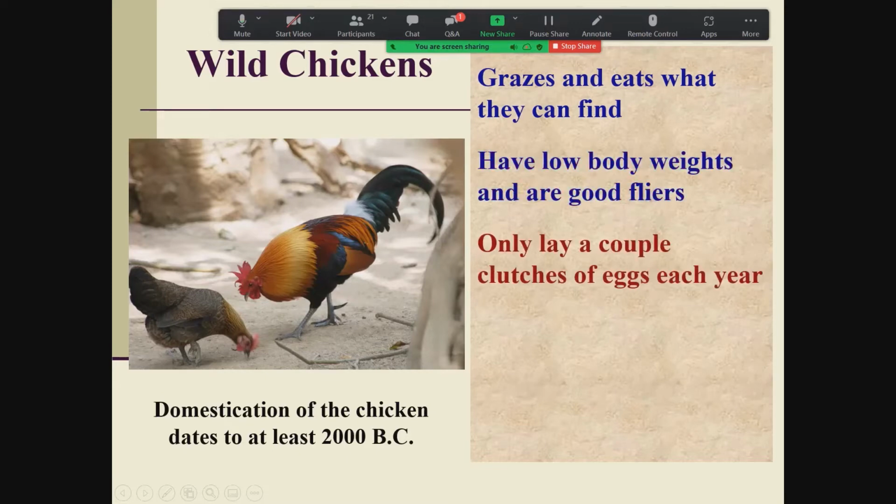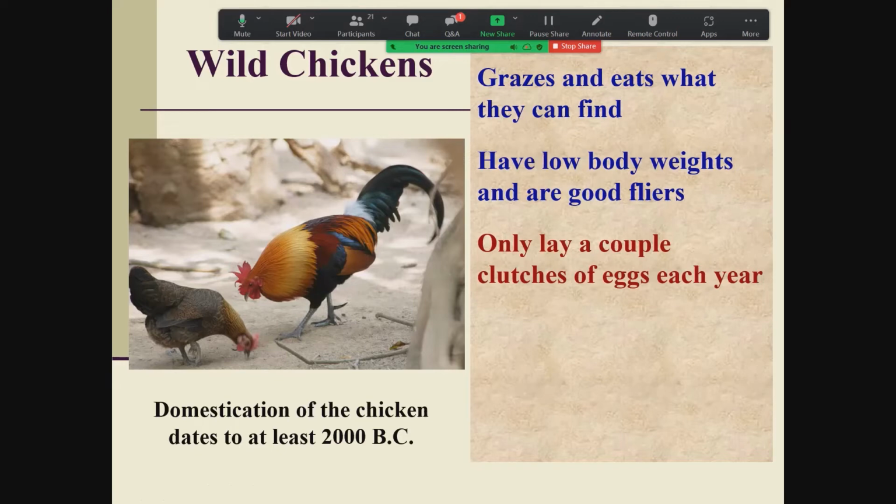The big difference between this and our commercial birds today, or even the birds that we've domesticated, is that before they became domesticated, they're like a wild bird. They basically lay maybe one clutch of maybe 8 to 12 eggs a year, sit on them, hatch them, and raise up their young.